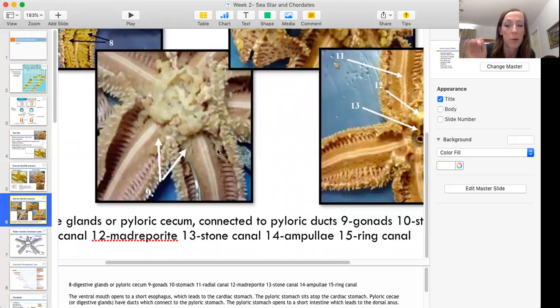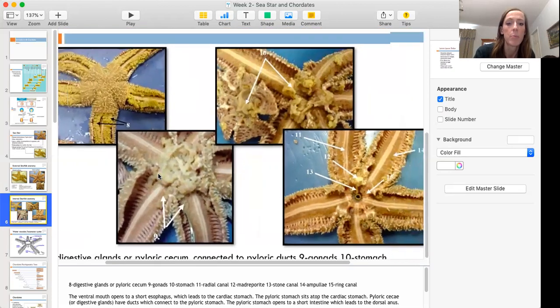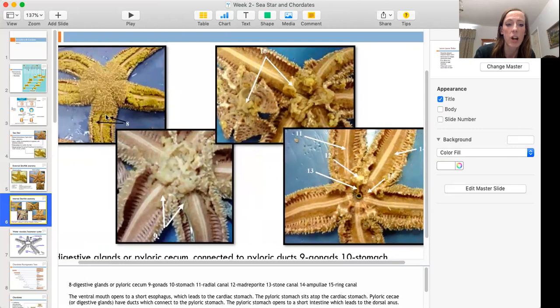It's a lot smaller, but kind of looks like a bunch of grapes. And there are usually 2 per arm. Sometimes they vary in size; if it's more mature or less mature, they might be larger or smaller, respectively. But they would be located in each of the arms directly underneath the digestive glands. So that's number 9 there.